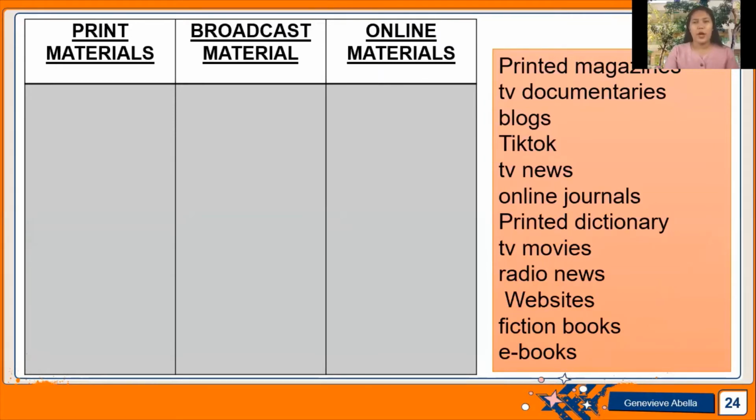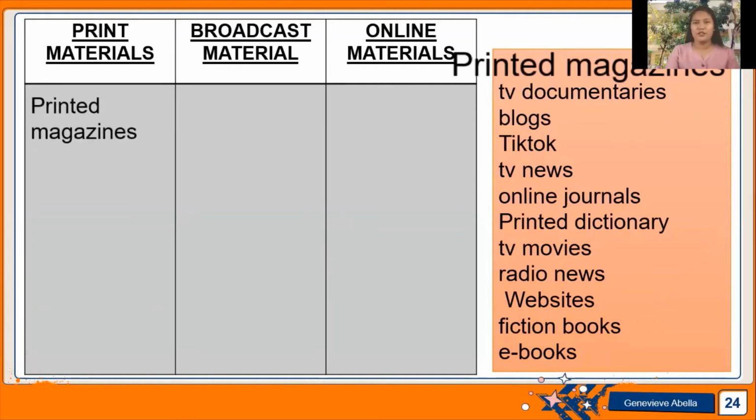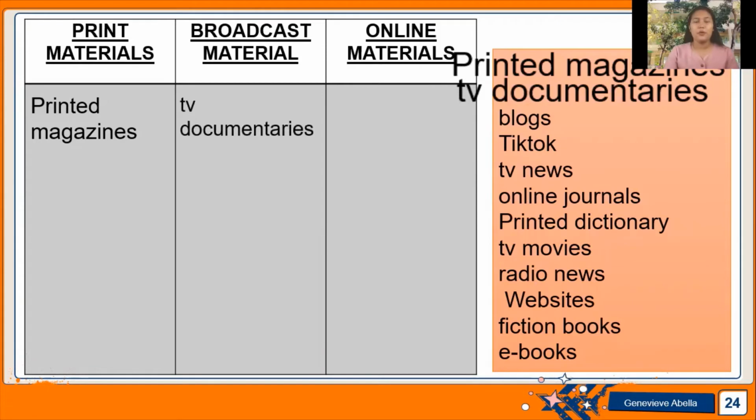Let us start with printed magazines. Where can we put printed magazines? Very good, it belongs to the print materials. How about the TV documentaries? That's right, it belongs to broadcast materials. How about the blogs? Very good, it belongs to online materials.